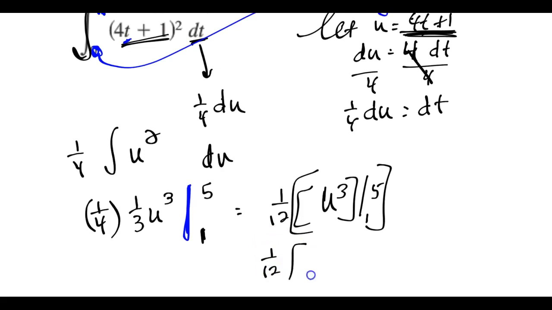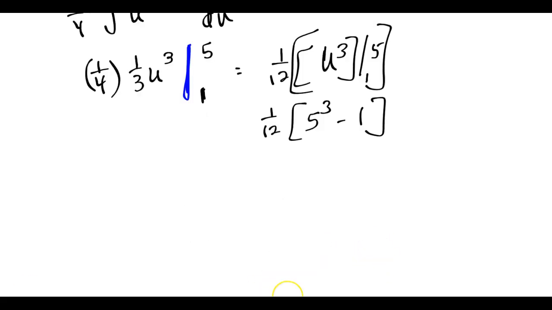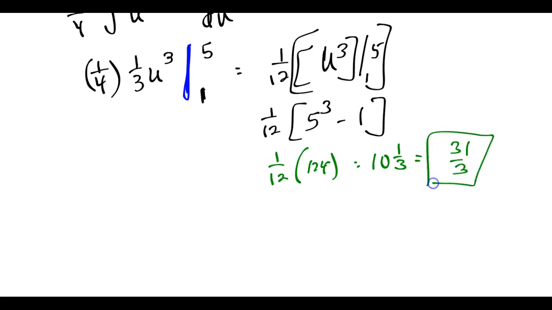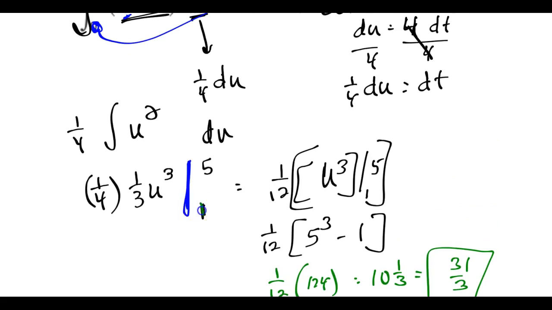So 1/12 times, oh my gosh, 5 cubed, 125, minus 1, which is 125 minus 1 is 124, and 1/12 of 124 is 10 and 1/3, which you may write as 31/3. So there's other ways to work that problem, but I really like changing the parameters to your u.